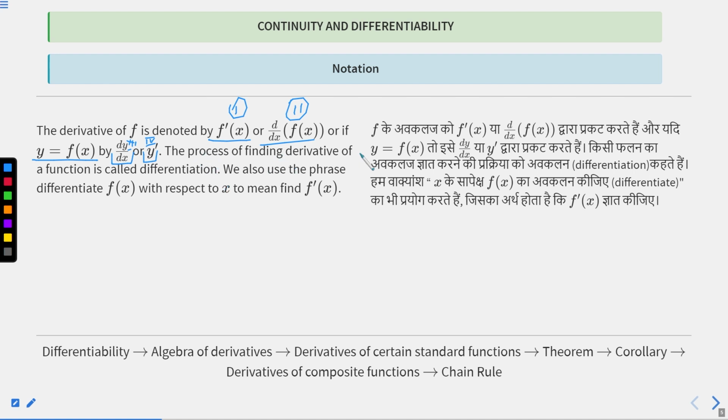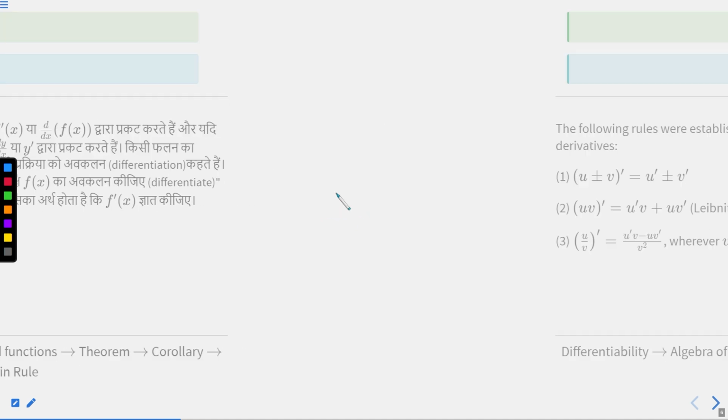The process of finding the derivative of a function f is called differentiation. We use the phrase differentiate f of x with respect to x to mean this. Clear? Now let us move to next.